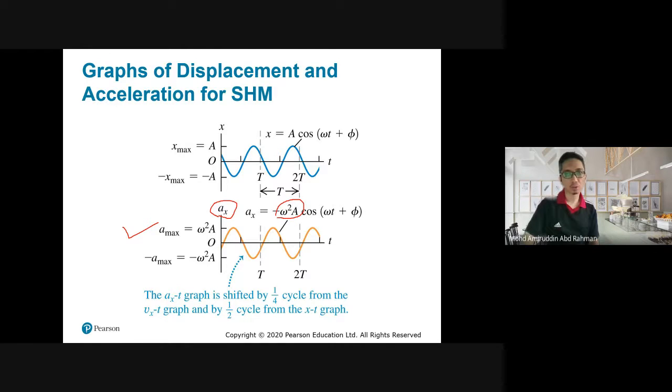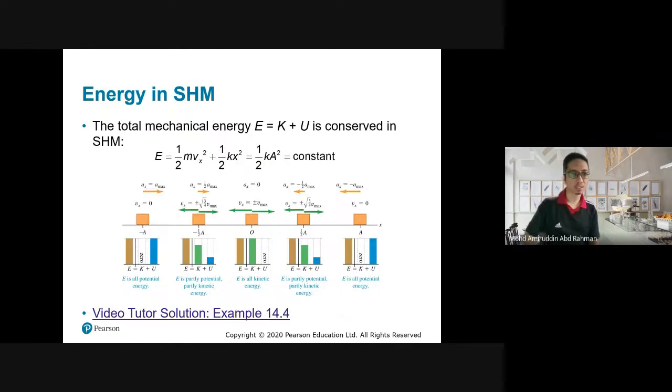And then we can also calculate the energy, where we have the energy as follows. Here the object is not moving, so the kinetic energy is zero at this location.